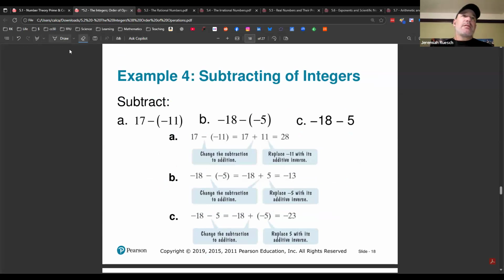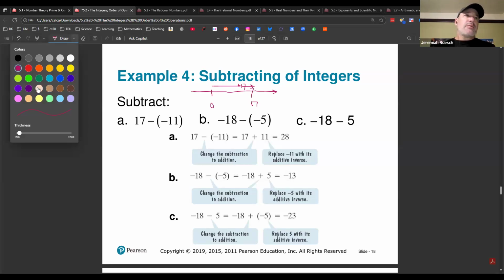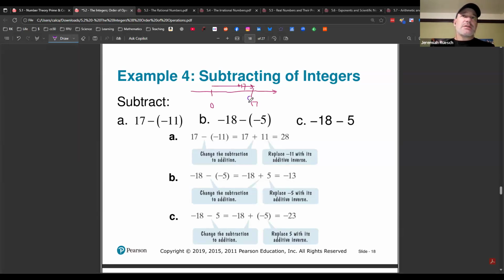I still think that the idea of this is helpful to think about distances walking. So if you started here at, let's say, 0, and you walked out here 17 units, so you walked in the positive direction, that's positive 17. And then this is saying that you're going to turn around, and you're going to head in this direction negatively.